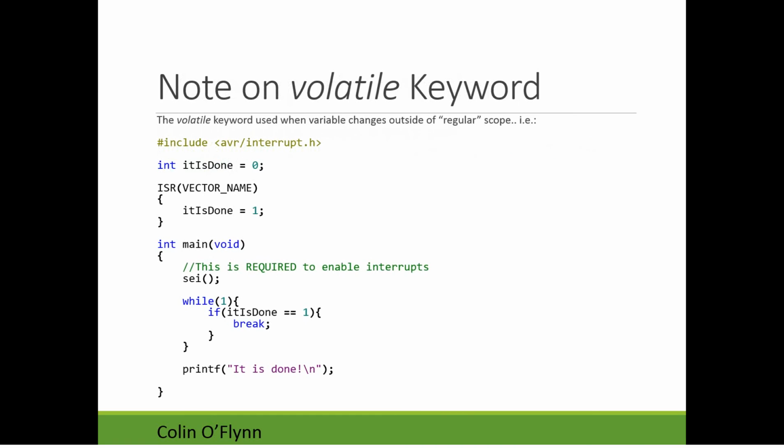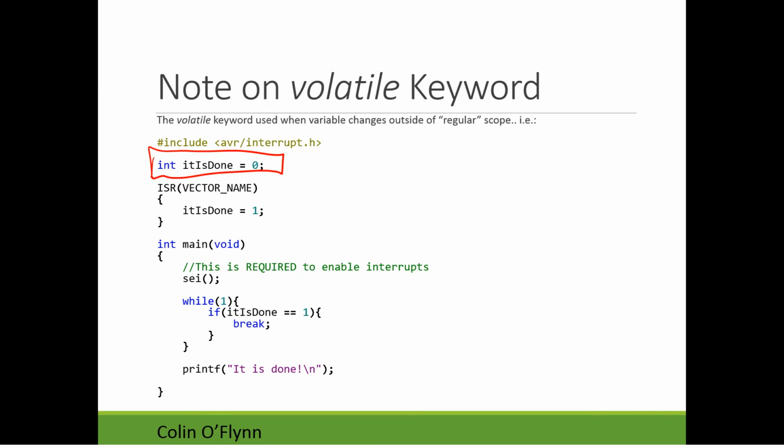The other sort of problem you can run into is what's known as the volatile keyword. Volatile tells the compiler, hey, things happen that you don't know about, and I'm telling you that, so you need to respect me. In this example, I have this integer, it is done, and I set this to 0.